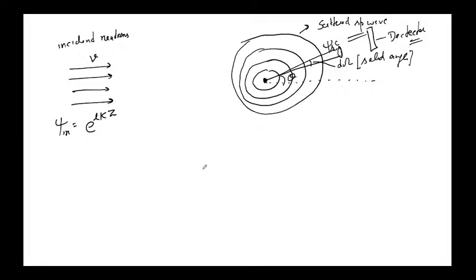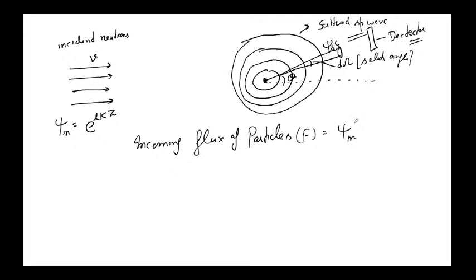This we have already discussed. So let the incident or incoming flux of particles be generally represented as F, that is the incident wave function multiplied by v. Similarly you can write the outgoing wave flux.